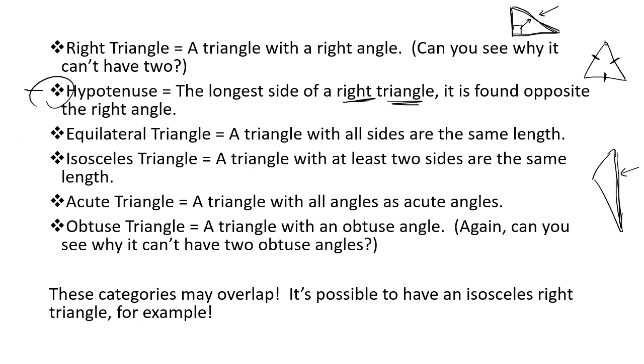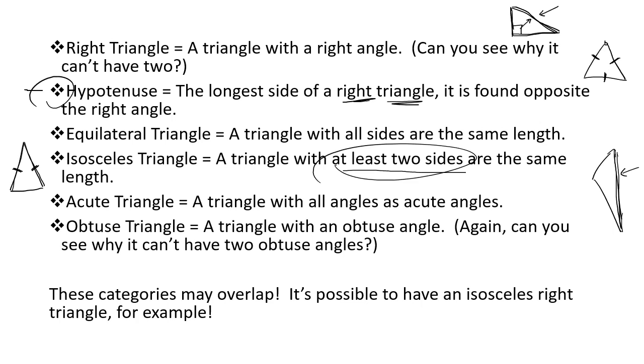An isosceles triangle is very similar, but it has at least two sides that are the same length. And so something like this would be an isosceles triangle. And we'll put our two tick marks here to show that this side is the same length as this side. Now, you may notice that this means that every equilateral triangle would also be an isosceles triangle.